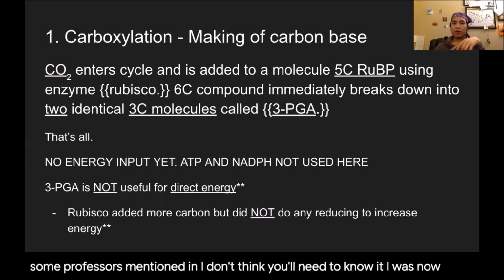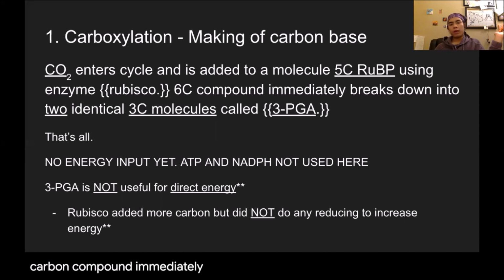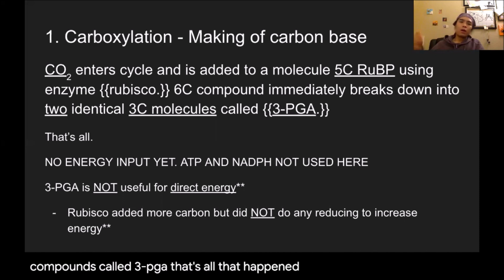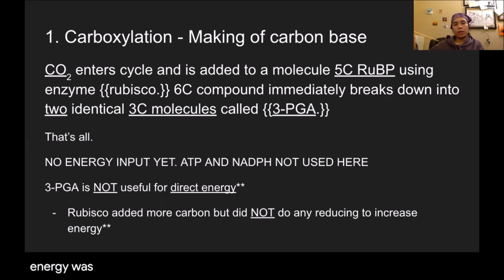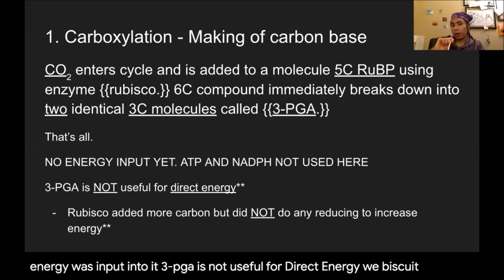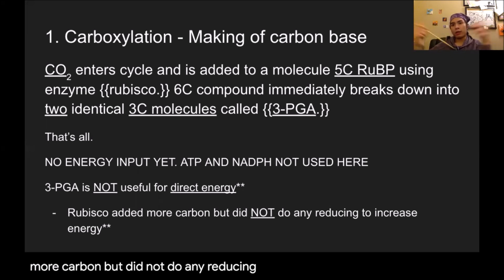Our now 6-carbon compound immediately breaks down into 2 identical 3-carbon compounds called 3-PGA. That's all that happened here: carboxylation, which is adding another carbon on. As we see, we did not oxidize anything to reduce it. No energy was input into it. 3-PGA is not useful for direct energy. Rubisco added more carbon, but did not do any reducing.